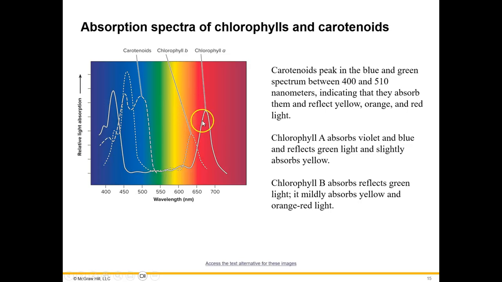So our carotenoids are reflecting yellow, orange, and red light, which explains why the leaf color changes in the fall. In the fall we have depleted levels of chlorophyll as a result of the colder temperatures, and as we have less and less chlorophyll, our plants are reflecting less and less green.